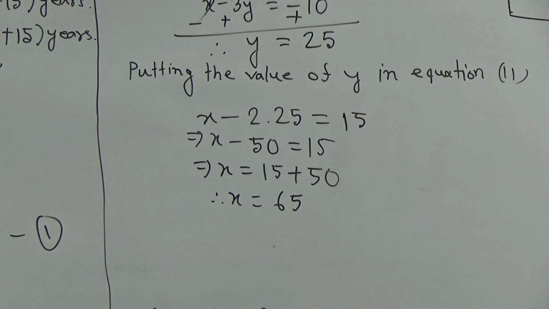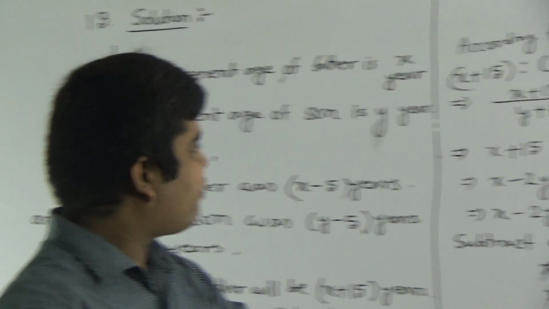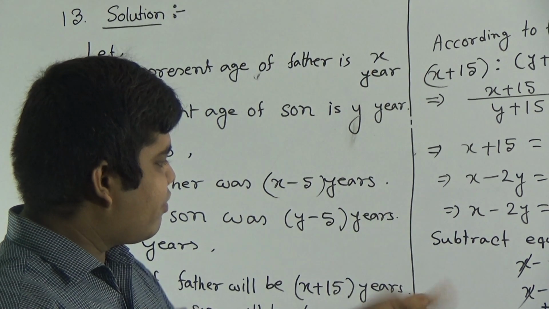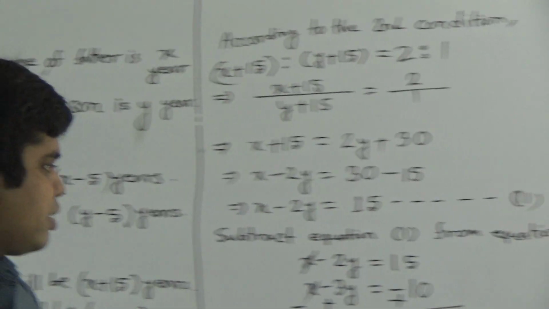So, we can say that the present age of father is 65 years and the present age of son is 25 years. Now, write.